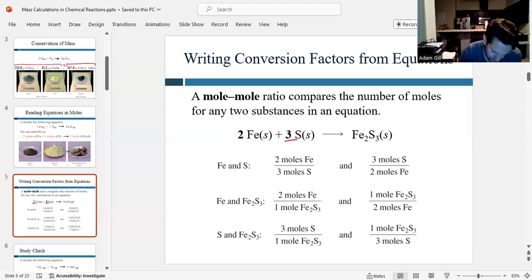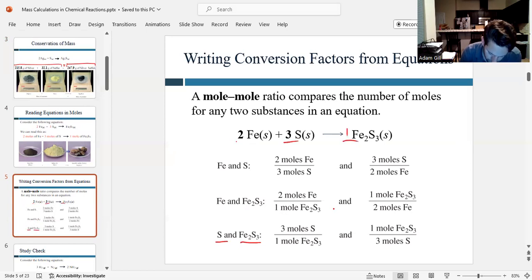Or let's say we're comparing iron and iron sulfide. It's implied that there's only one iron sulfide when there's a number given. So we could say that there's 2 moles of iron for every 1 mole of iron sulfide, or 1 mole of iron sulfide for every 2 moles of iron. Or let's say we're comparing sulfur and iron sulfide.